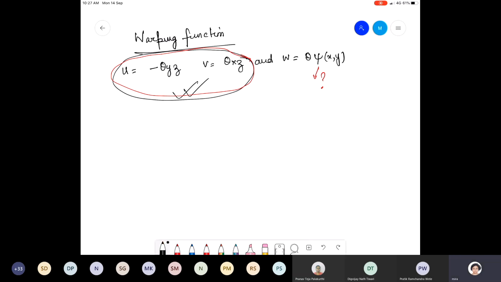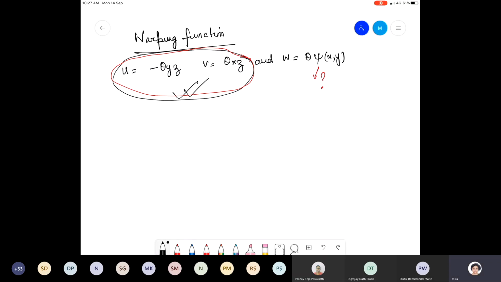Any idea? Anyone? So the clue is the shear stresses.